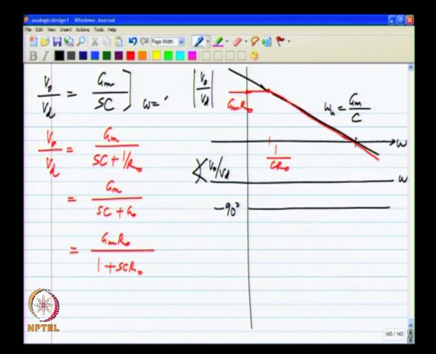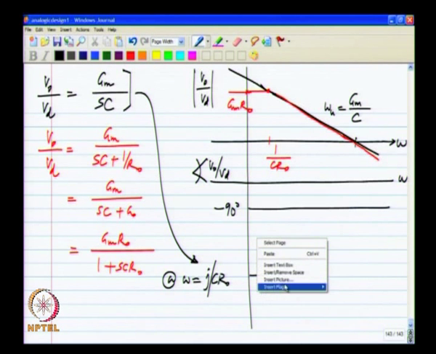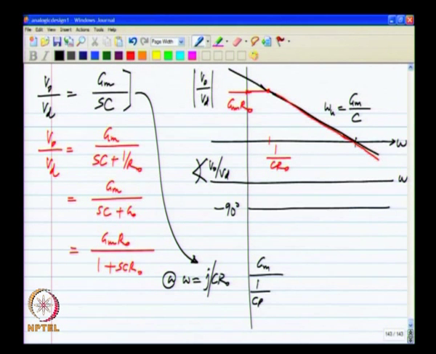omega equals j by C R naught, what do you get? At omega equals j by C R naught, the magnitude of this is Gm by 1 by C R naught times C, which is equal to Gm R naught. So, at this particular frequency even the integrator has the same gain.